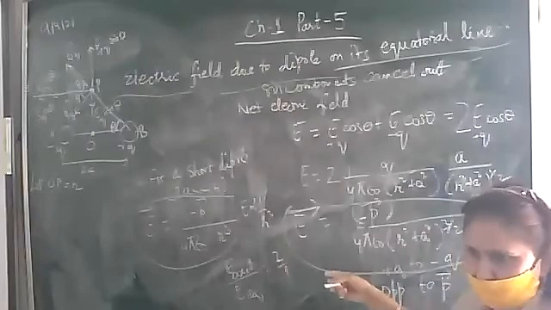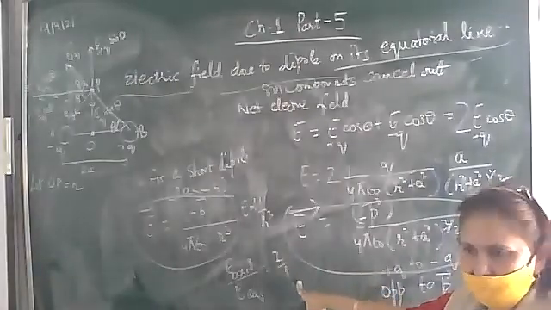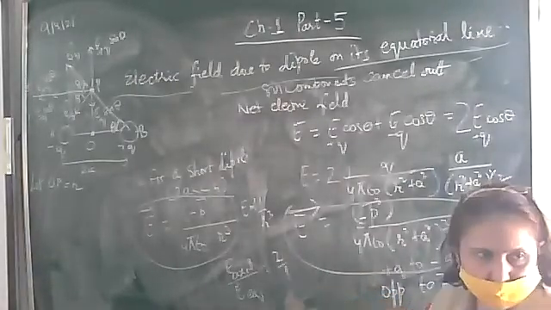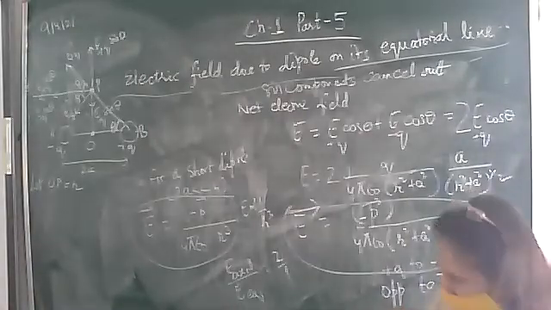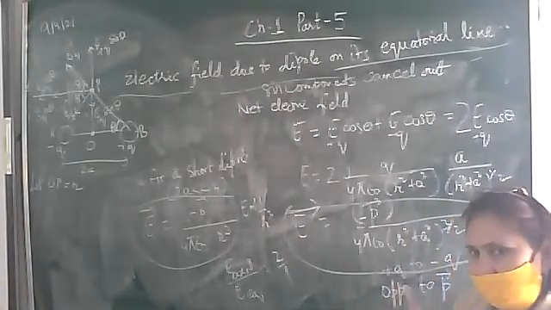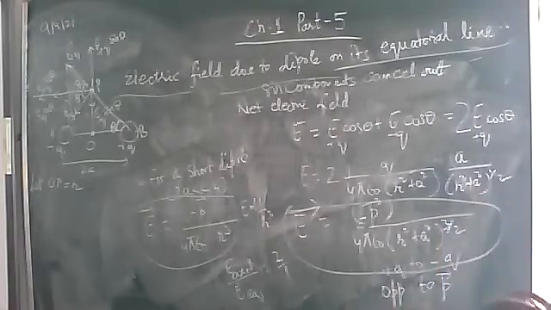There it is, 2p upon 4 pi epsilon naught into r cube. Here it is, p upon 4 pi epsilon naught into r cube. And in case of axial line, the electric field and the dipole moment both are in the same direction. Whereas on the equatorial line, the electric field and the dipole moment are in the opposite direction.